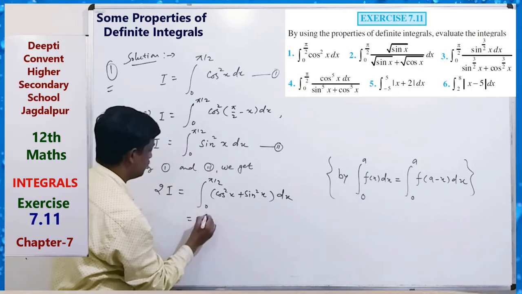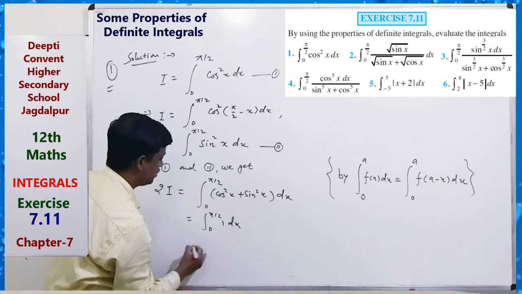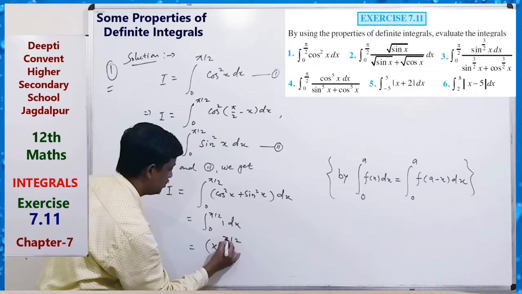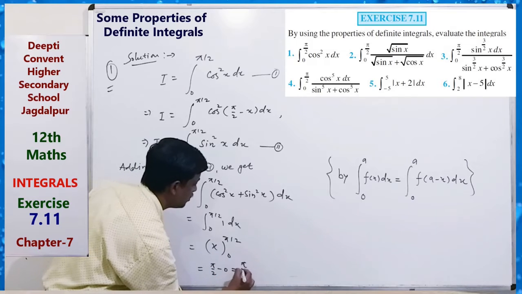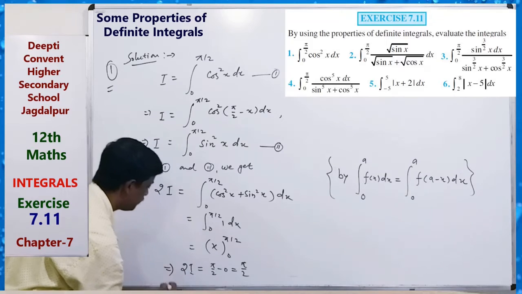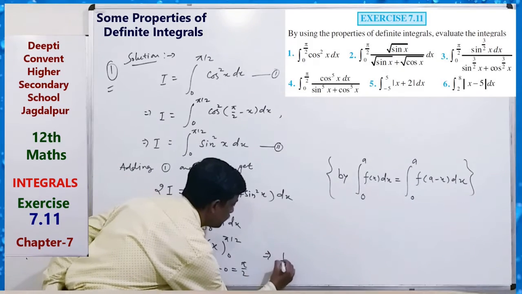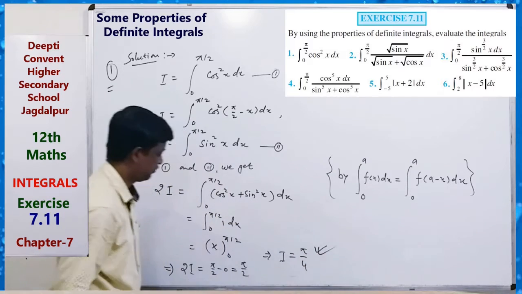This can be solved simply: the integral of 1 dx, that is x from 0 to pi by 2, which is pi by 2 minus 0 equals pi by 2. So 2I equals pi by 2, which means I equals pi by 4. This is the answer.